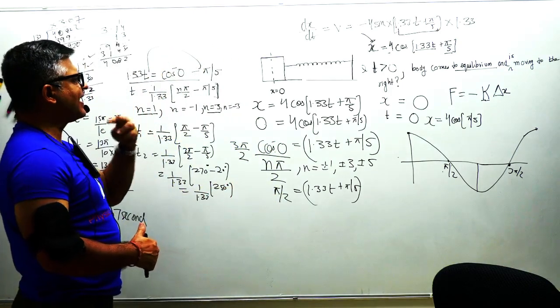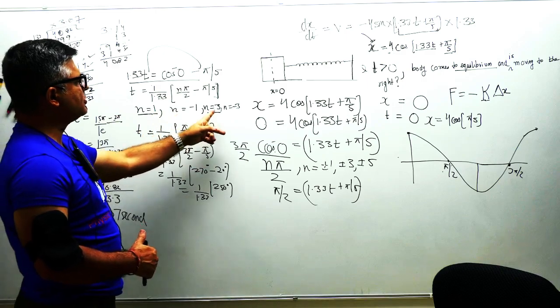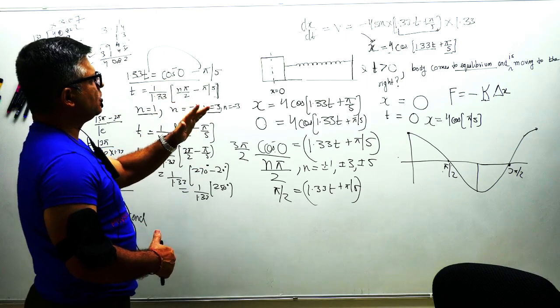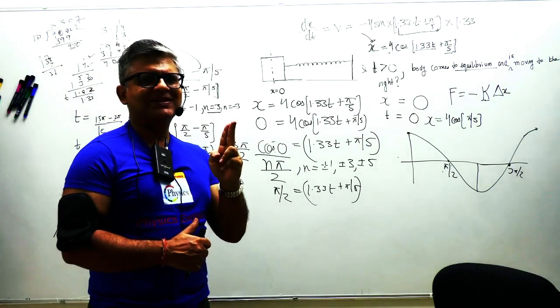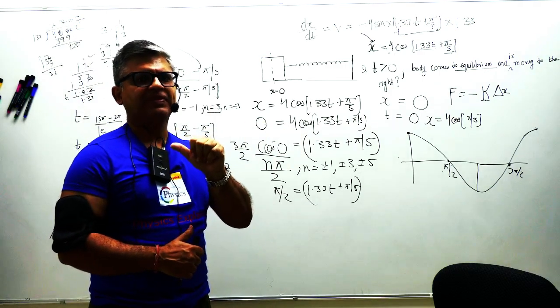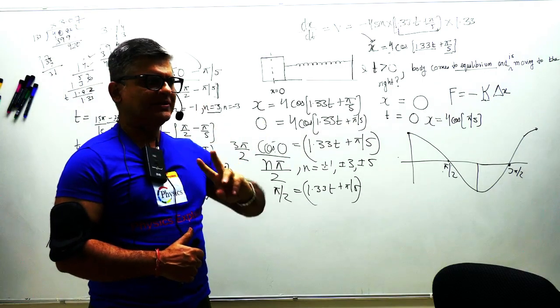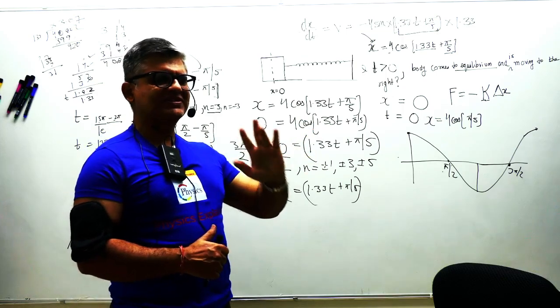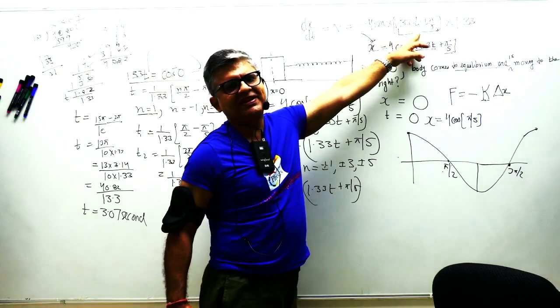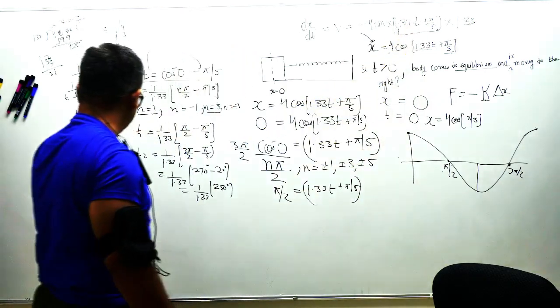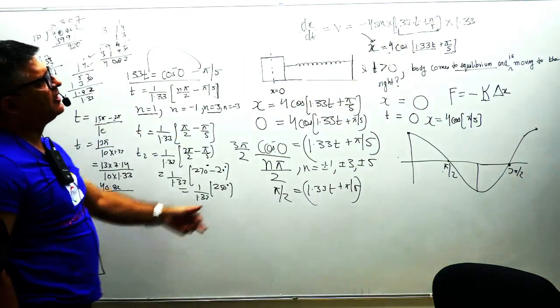Now, because n was chosen to be 3, if it is n equal to 1, at that instant the velocity is leftward. At n equal to 3, the velocity is rightward. You can find the rightward velocity by putting the value of t we found, 3.07.